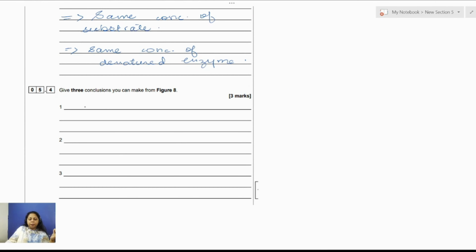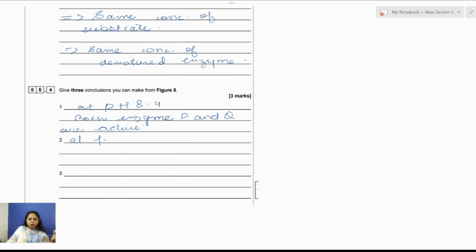First one we have made: at pH 8.4, both enzymes P and Q are active.